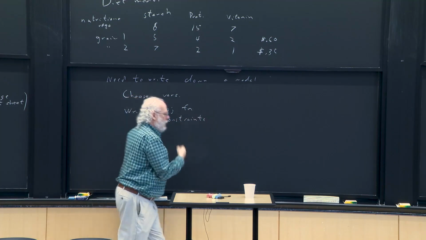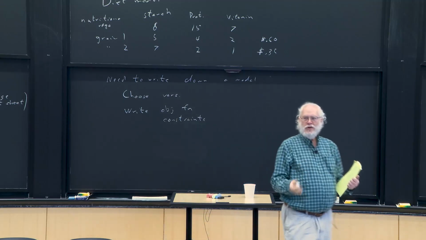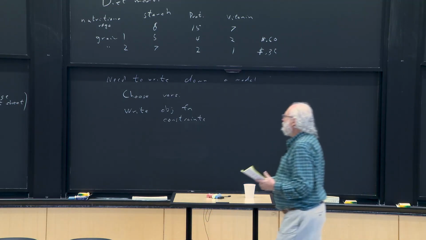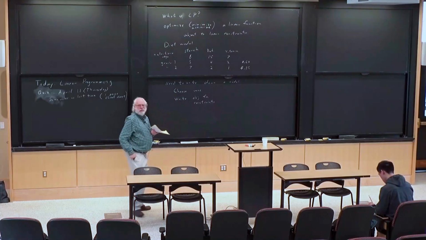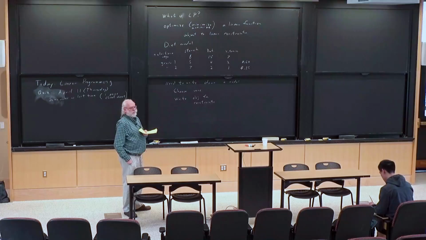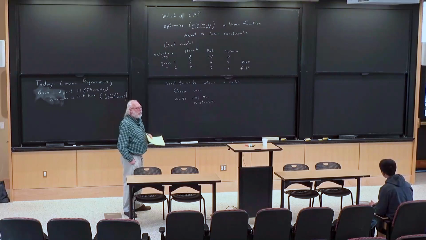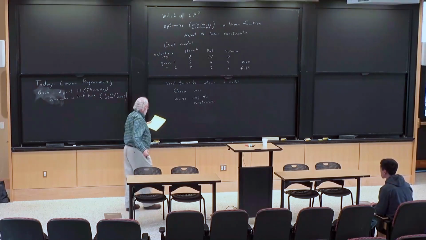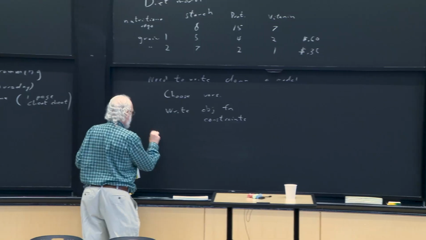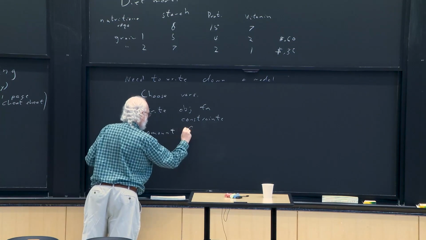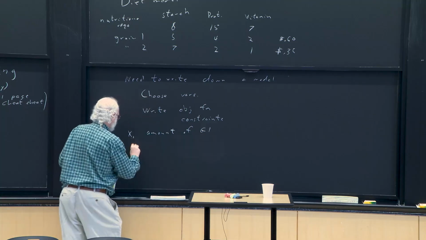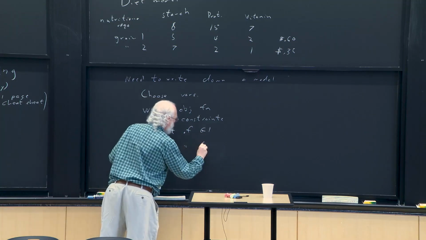And then you feed your linear program to a linear programming package, and it will give you the answer. So any suggestions as to what the variables should be? Yeah, how much of each grain? So let x1 be the amount of grain 1 and x2 be the amount of grain 2.